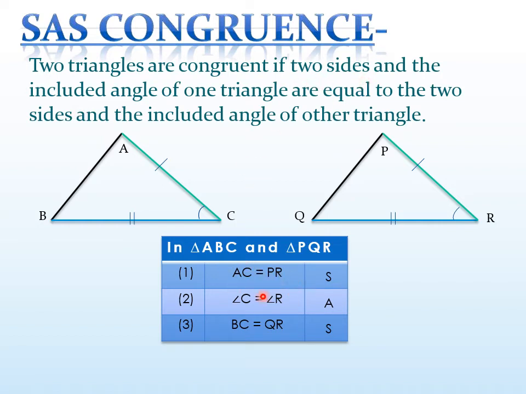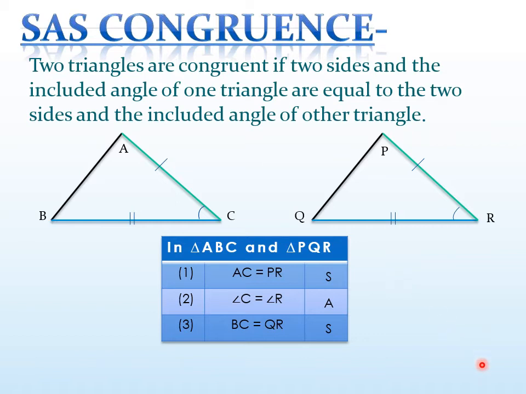That means if these two sides are equal, the angle which will be equal will always be in between them, or included between them. Therefore, we cannot choose any other angle. So for any triangle, if we have an angle equal to this one, which is not in between these two sides, then we will not be able to apply the SAS rule. So it is very important.